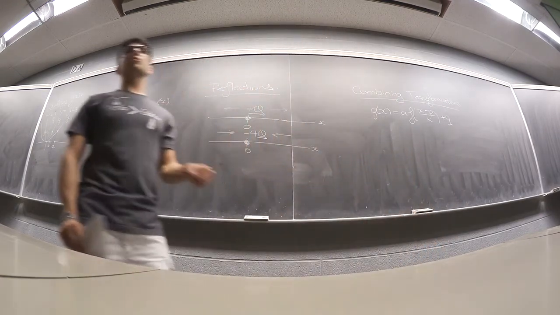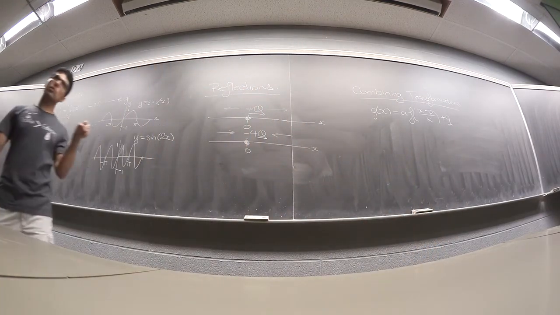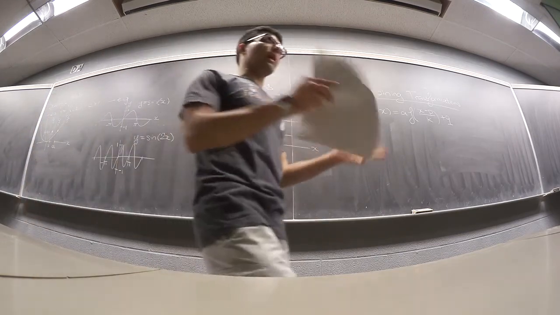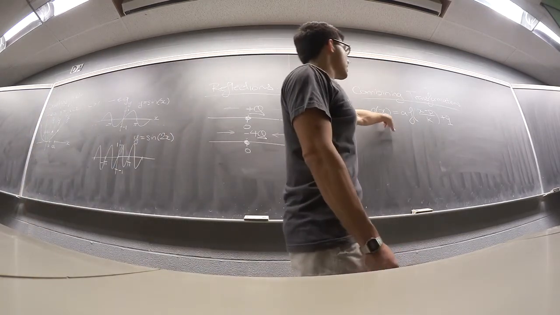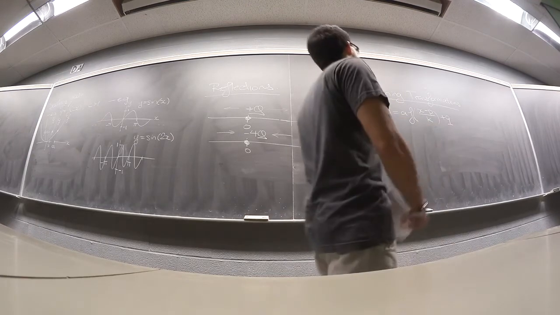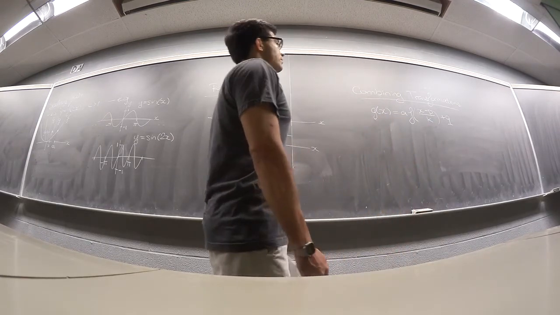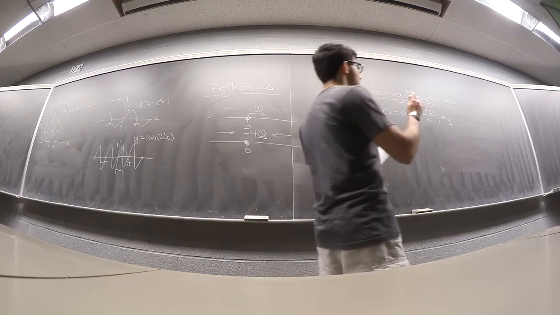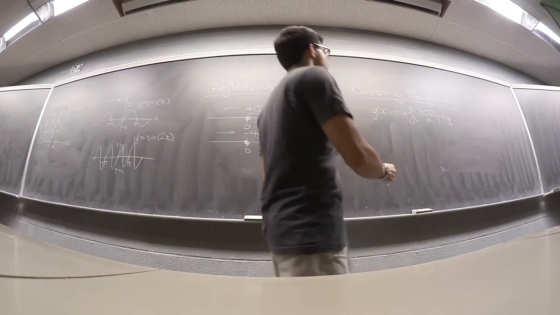suppose you have the graph of f, and you're asked to graph g, and they're related. And you're able to write g like this. If you're able to do that, then you can just look at this and figure out what you need to do.